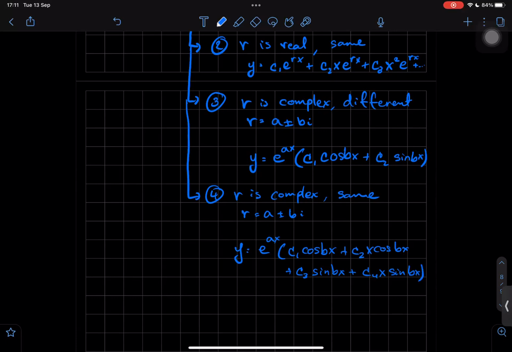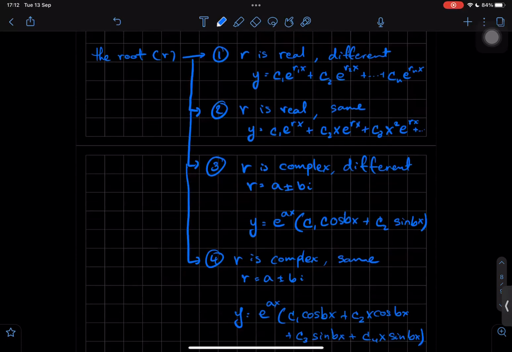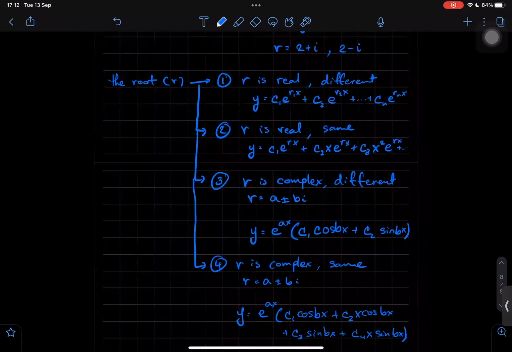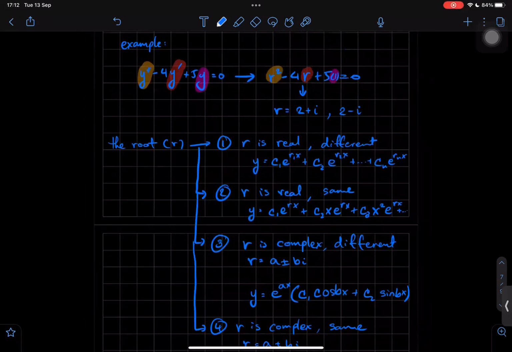In this case, only two roots are the same. If it is three roots, then it's going to be more than this. You're going to have x squared also.